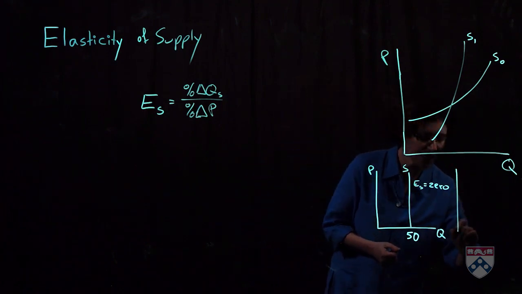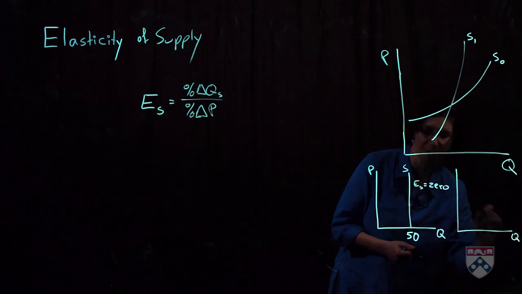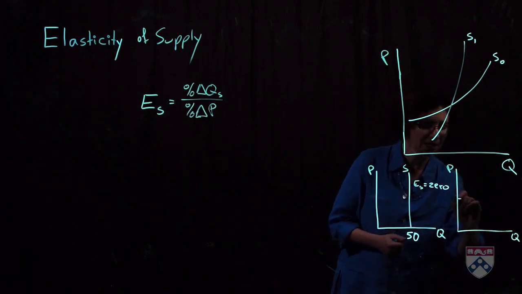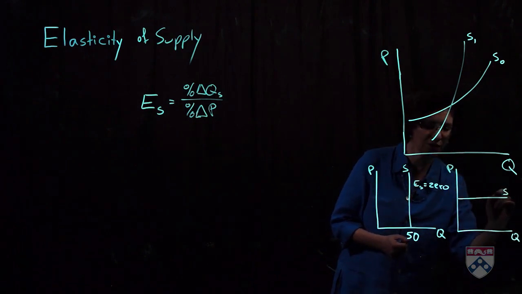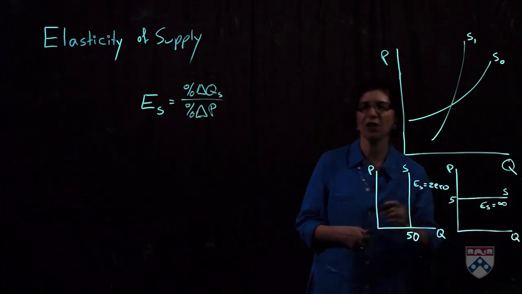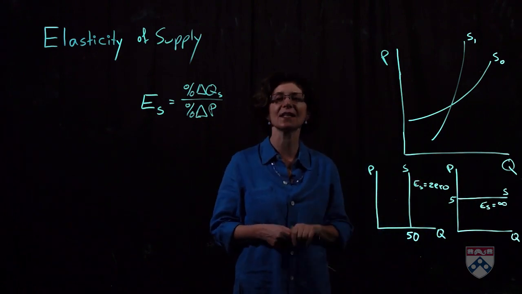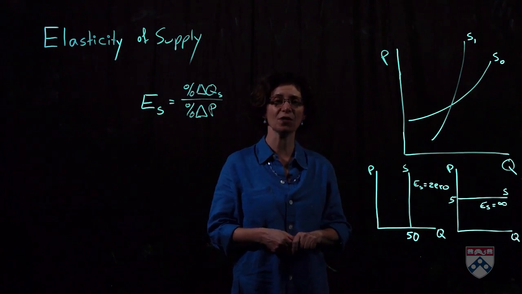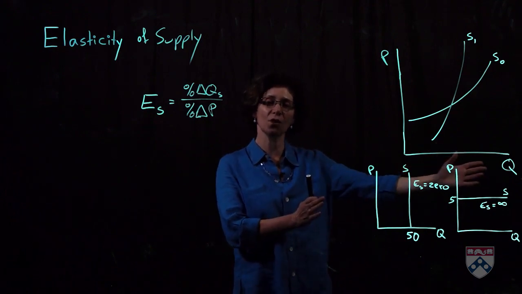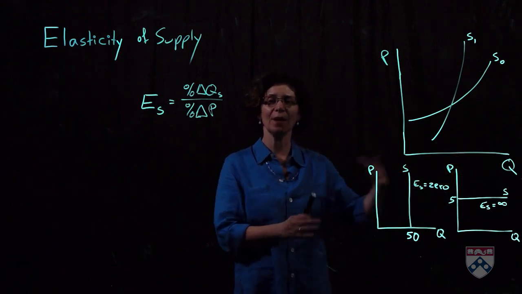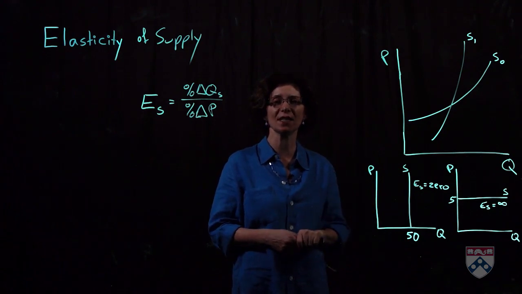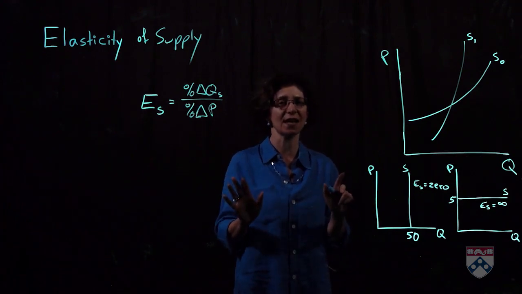Another extreme is the completely elastic supply curve, and that is the horizontal supply curve. And in this case, the elasticity of supply is equal to infinity. This is a firm that says the following: at a going price, let's say $5 per pound, I'm willing to sell all the quantity that I have, but if the price drops even by 1 cent, I'm not interested in selling.